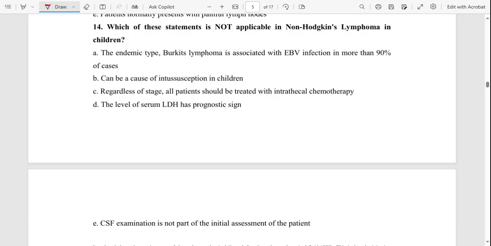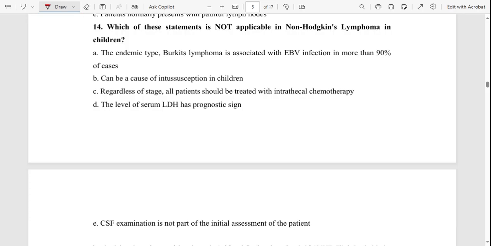So when you look at the clinical features for this one, you are going to have a rapidly growing mass. It can be in the abdomen, in the mediastinum, or the head and neck. Then there is abdominal non-Hodgkin's lymphoma, which is actually Burkitt's, which may present with intussusception, where part of the bowel goes into the other bowel.